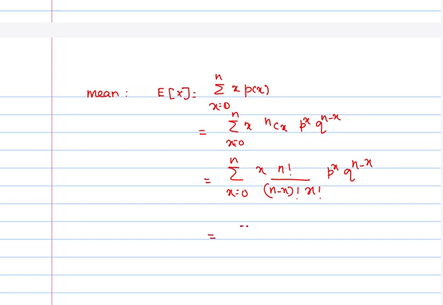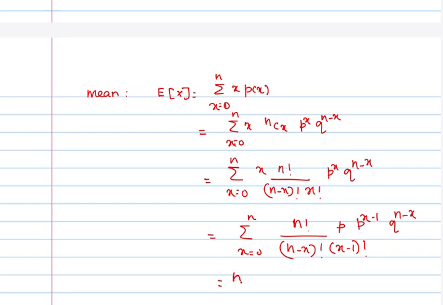Simplifying x over x factorial, this becomes n factorial divided by n minus x factorial times x minus 1 factorial, times p power x minus 1 times q power n minus x, times p.